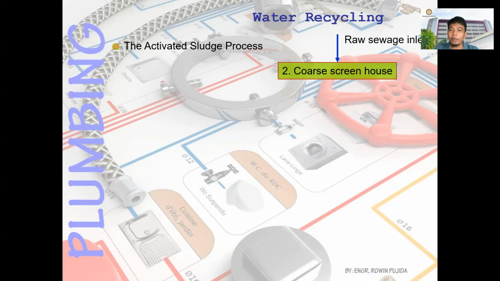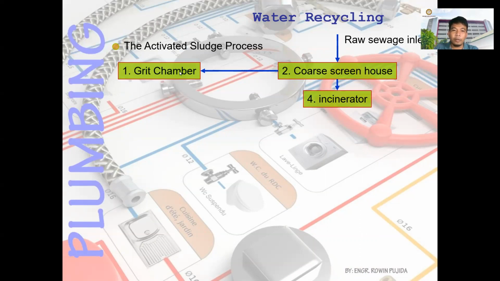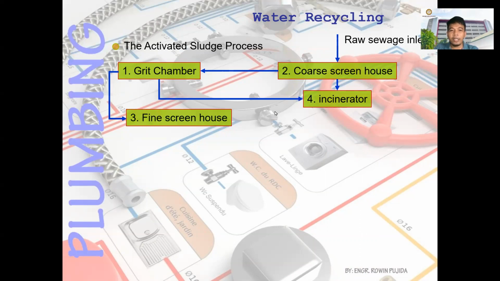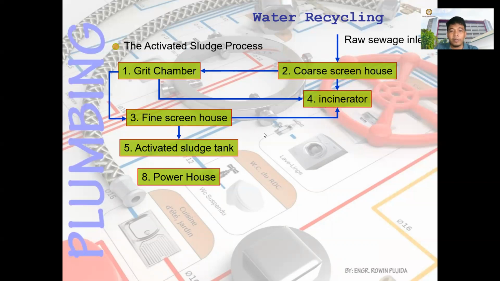Okay. So this is the activated sludge process. First is the raw sewage inlet. Then it goes to a coarse screen house, then to a grit chamber, and some goes to the incinerator. From the grit chamber, it goes back to the incinerator, and the other goes to the fine screen house. From the fine screen house, it can go to the incinerator if it is not fine.